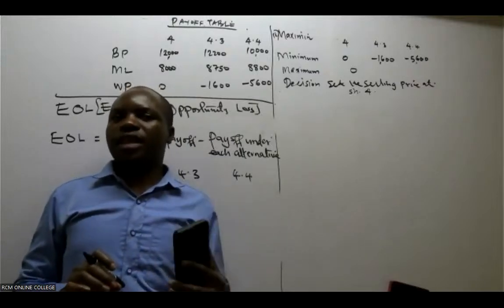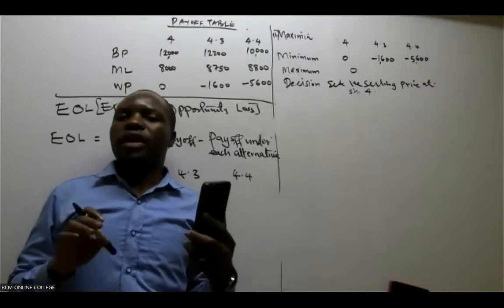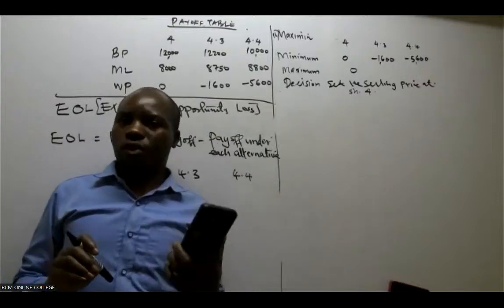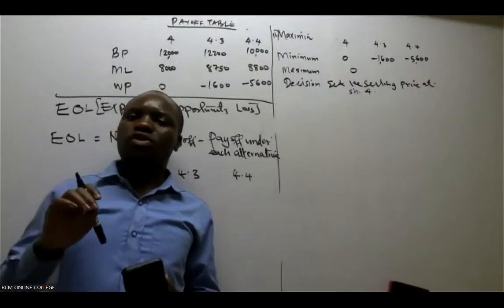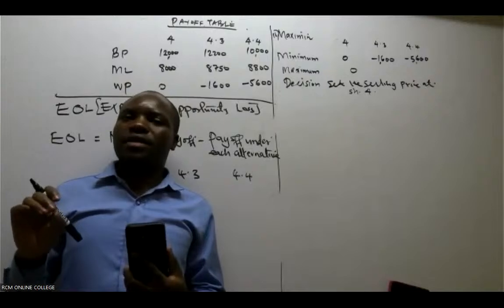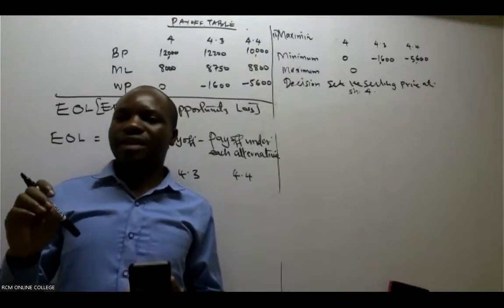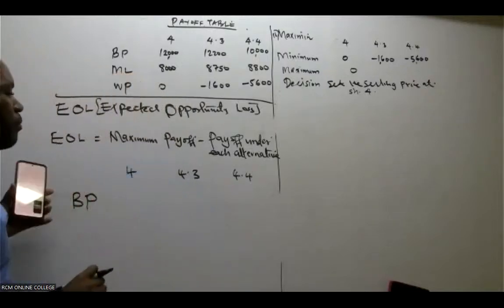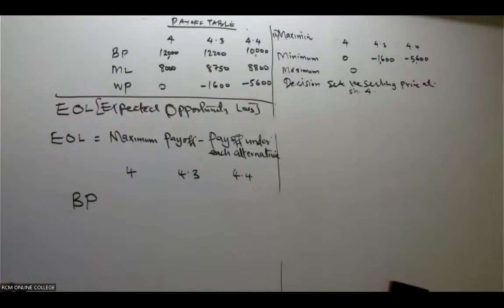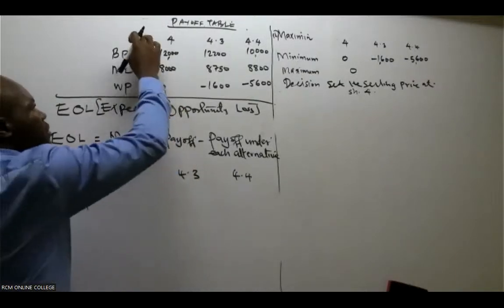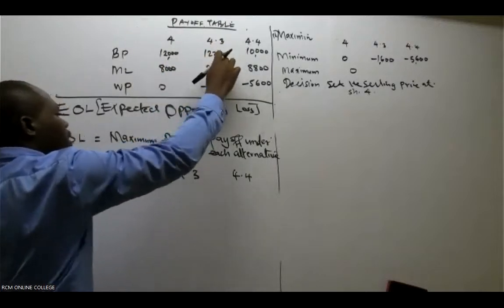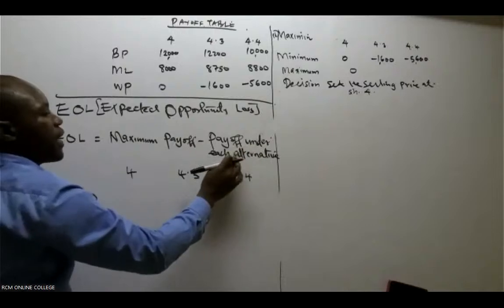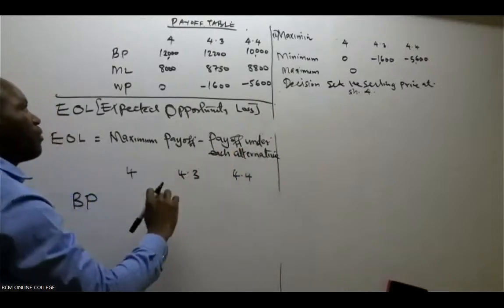If you have decided to select 4.4, the next best alternative is 4.3, and therefore the opportunity loss is the difference between what you've actually picked and the next best alternative. So for us to do that, it is maximum payoff. Our maximum payoff under best possible is 12,200. Then we less the payoff under each alternative.